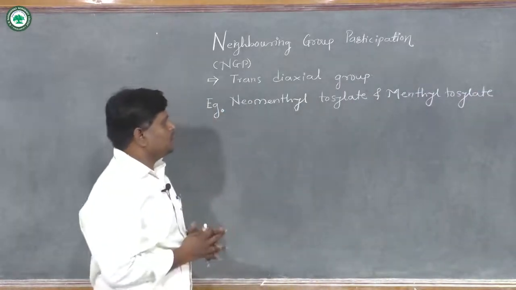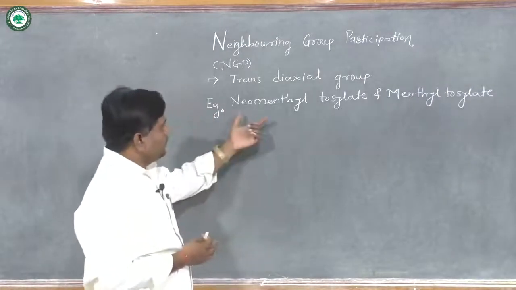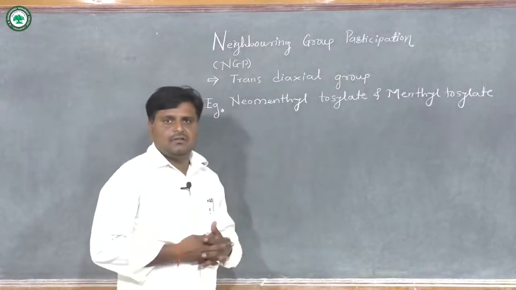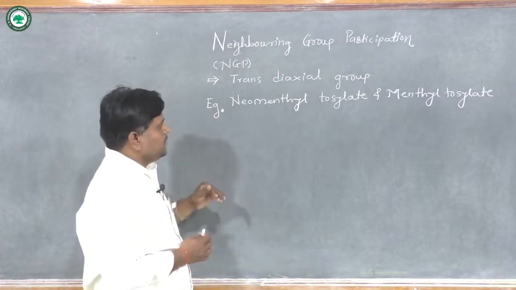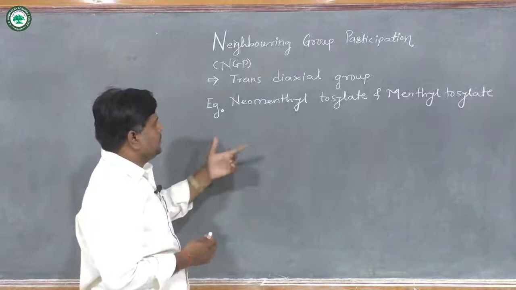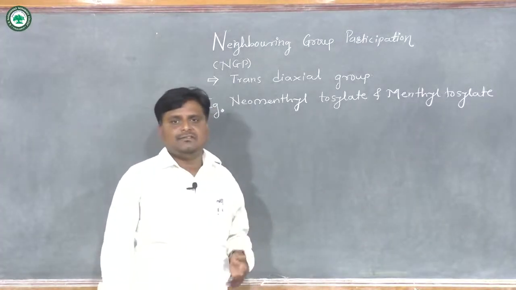So we can carry out one reaction with acetic acid of neomethyl and methyl tosylate. Here we can see the rate of reaction of neomethyl tosylate is higher than that of methyl tosylate.